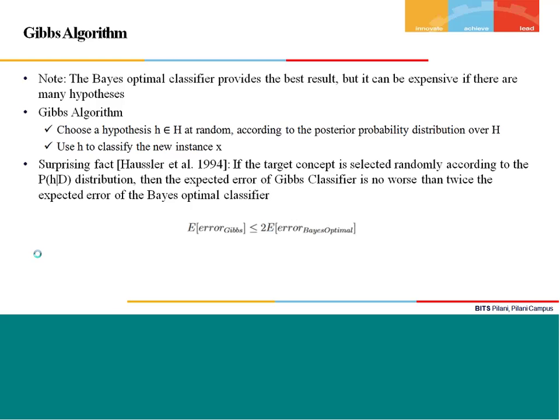We have already found that there are a number of hypotheses in the space H. Let's say there are three hypotheses, H1, H2, H3. We know their probability also: given D, what is the probability of H1, of H2, of H3. Posterior probability we know: 0.4, 0.3, 0.3.